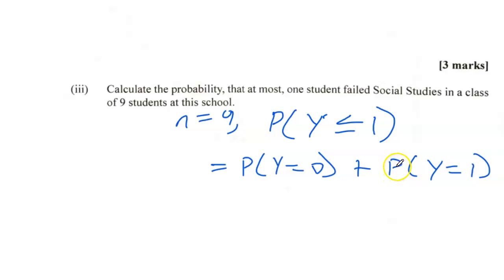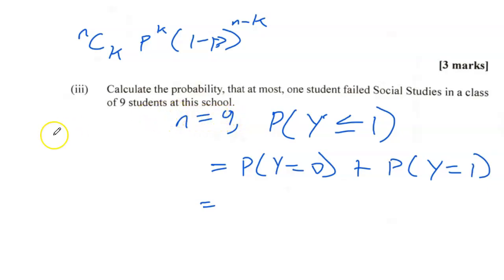Let's work out the probability for when Y is 0 and when Y is 1. Remember the binomial formula, nCk p to the k and 1 minus p to the power of n minus k. In this case, n is 9 and p is 0.2.